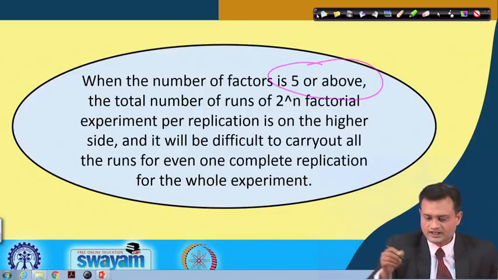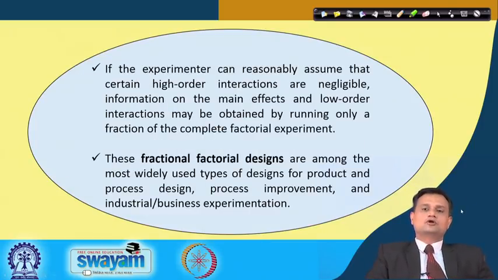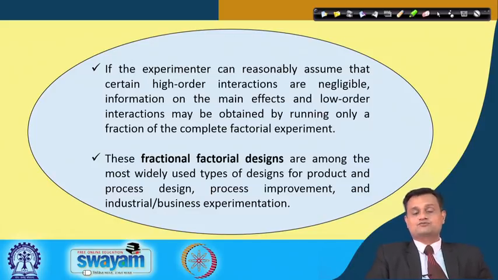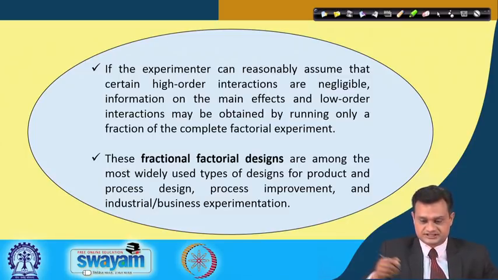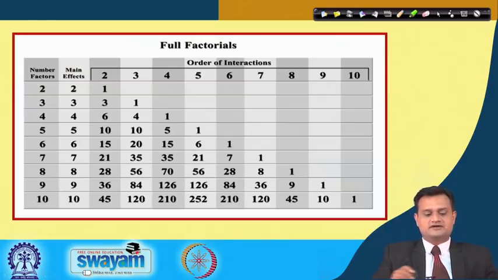So here I would like to look at some other strategy like fractional factorial, and if fractional factorial can really help me reduce the number of experimental runs, that would help me save a lot on my consumption of resources. So let's see why there are so many treatments.